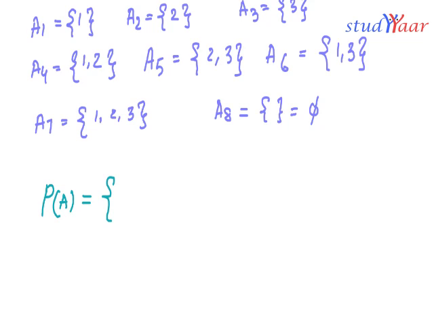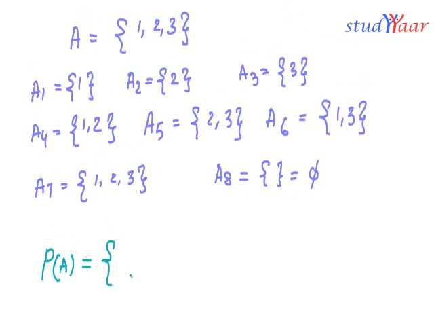Therefore, the power set of A, represented like this, P of A, is equal to A1, A2, A3, A4, A5, A6, A7 and A8.